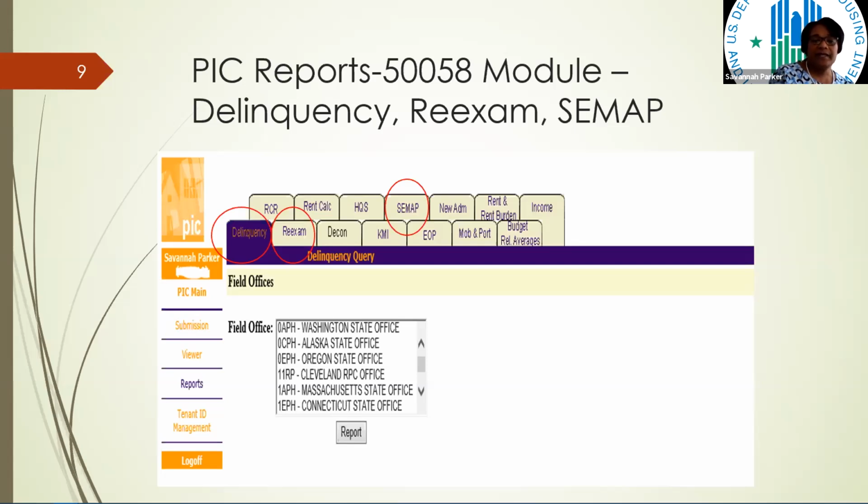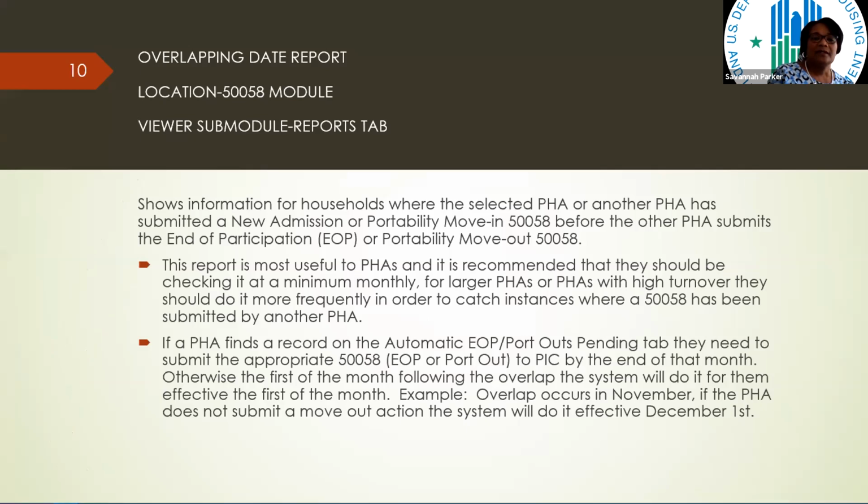I circled these three reports because these are the most important ones to look at. I'll get into more detail about those indicator reports, or the summarization reports, further along in the presentation.